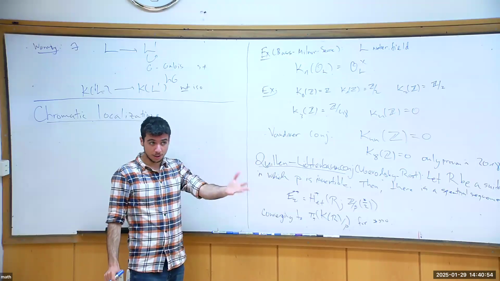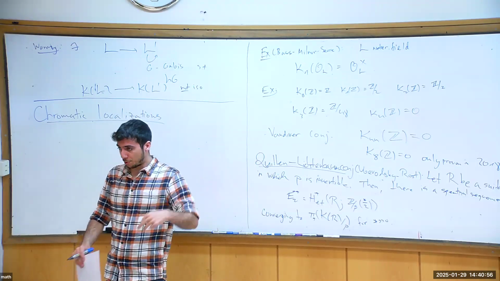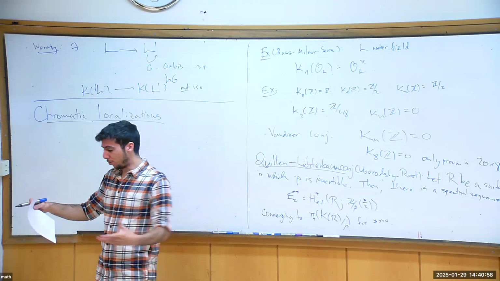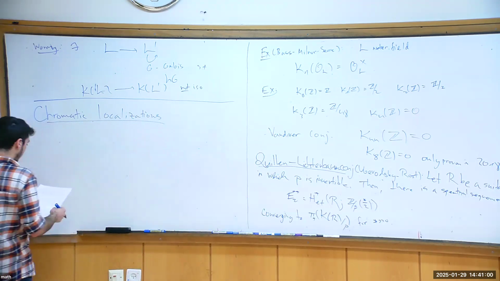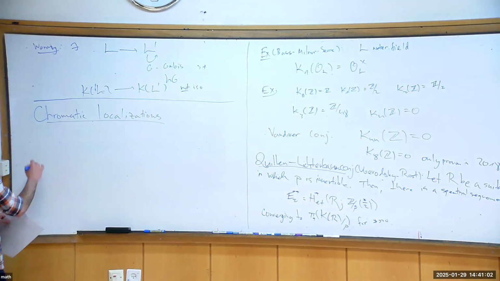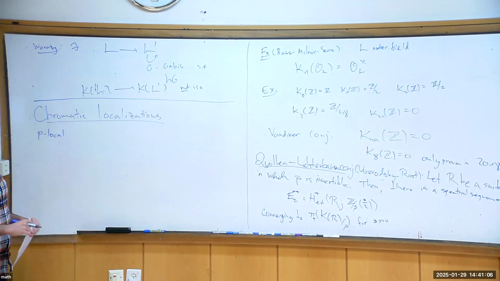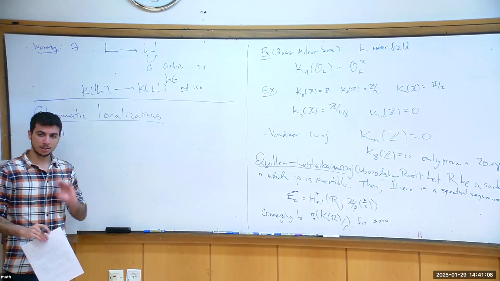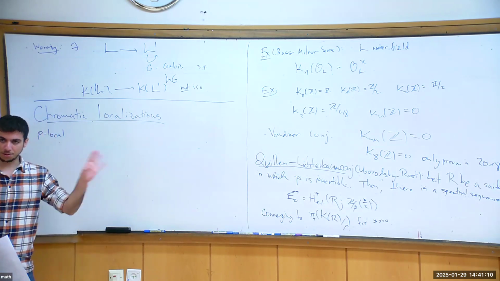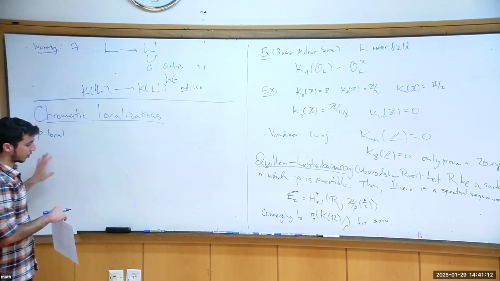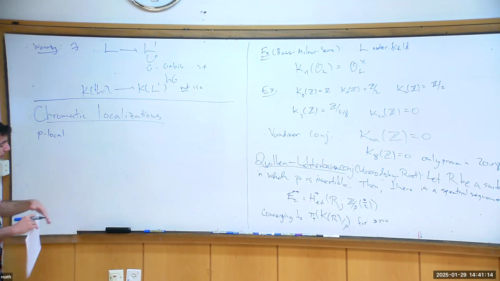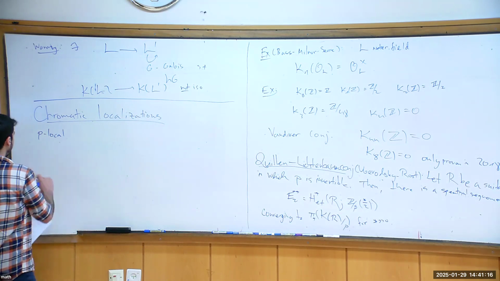You study a specific prime and then another prime, and in the end you glue the results. Let's say, just for simplicity, that everything is p-local. I threw away all information which is not rational or p.